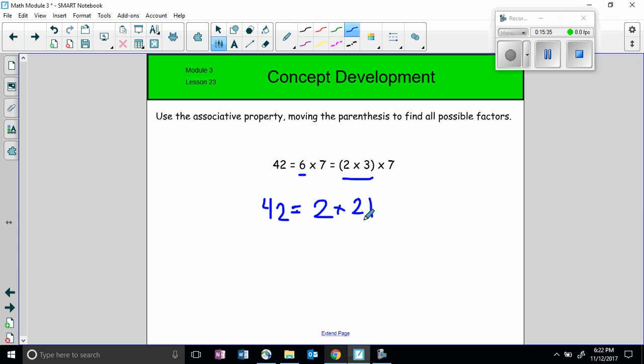Well, I know I can break that 21 down because that's part of my 3 song. So that would equal, the 2 would stay the same, the times would stay the same, but we're going to break down this 21 into 3, 6, 9, 12, 15, 18, 21, 7. Isn't that funny?